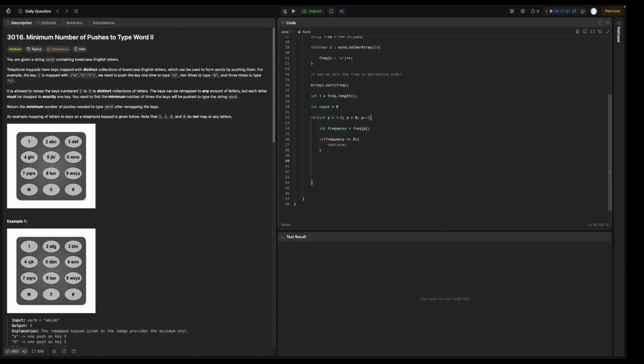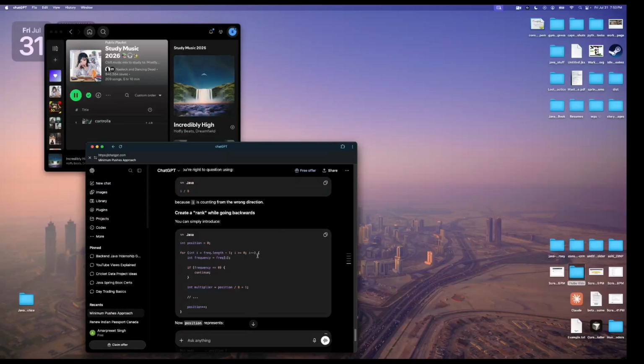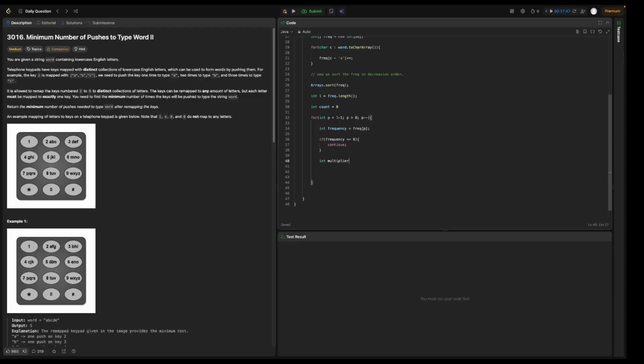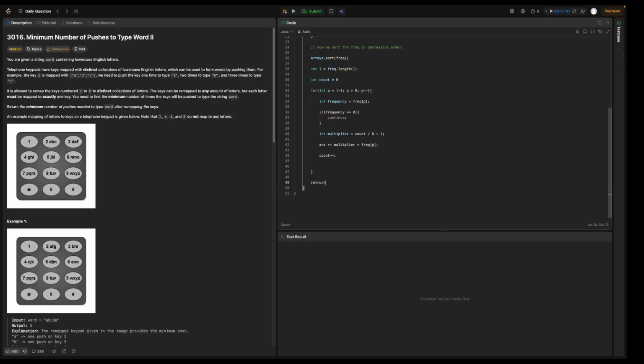And then I do count plus plus right after. Integer multiplier equals count divided by 8 plus 1, right? And then answer plus equals multiplier times frequency bracket p, and then I do count plus plus, right? And then I return the answer.